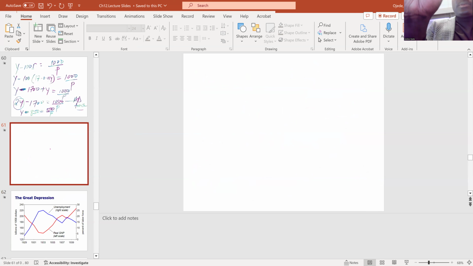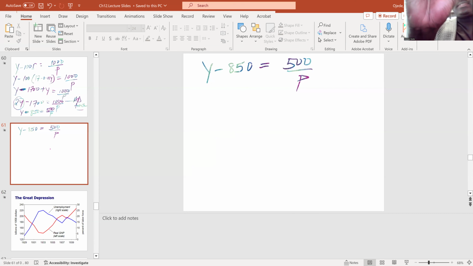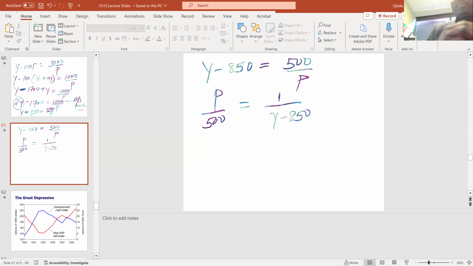Let me first duplicate this: Y minus 850 equals 500 over P. If I take the inverse of both sides, I can write this as P over 500 equals 1 over Y minus 850. Okay? And then I'm just going to do a little bit of magic to it.